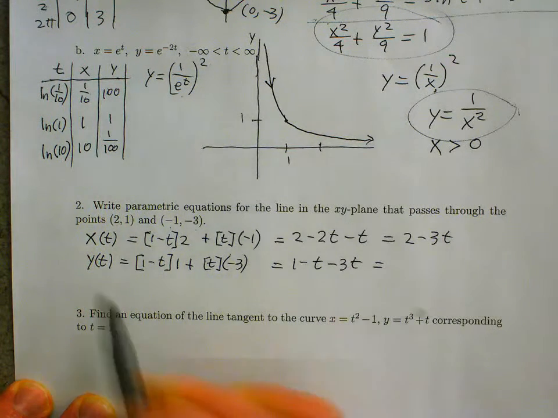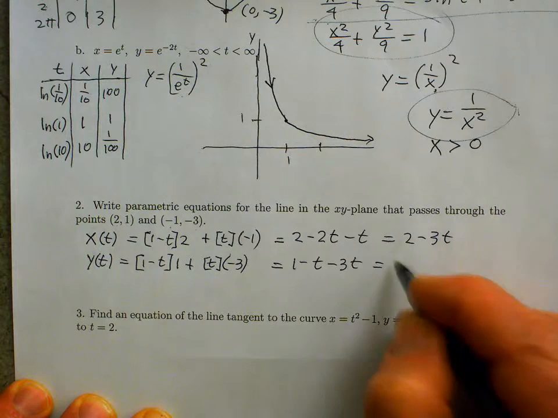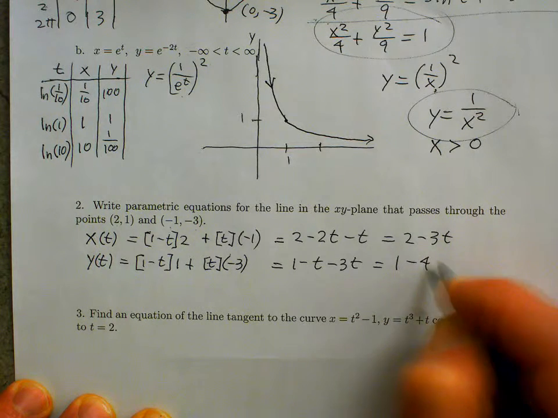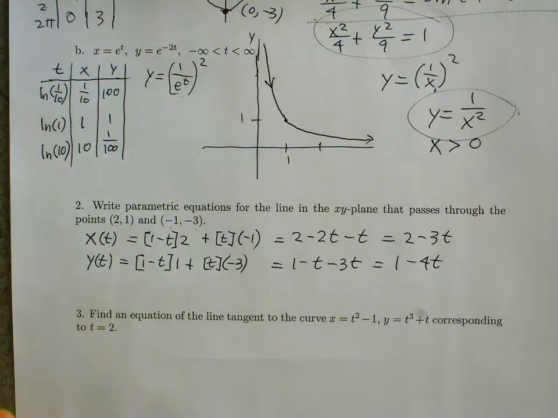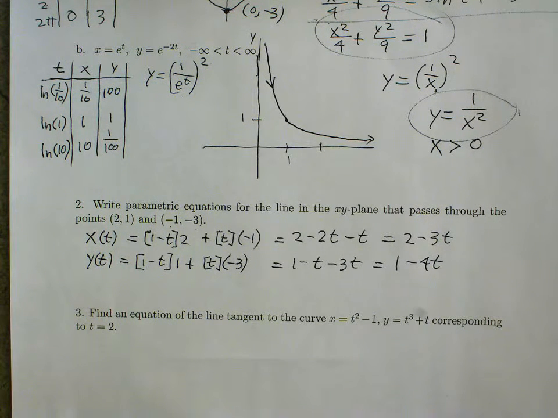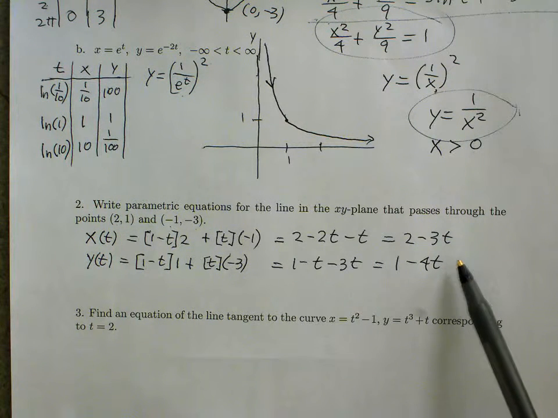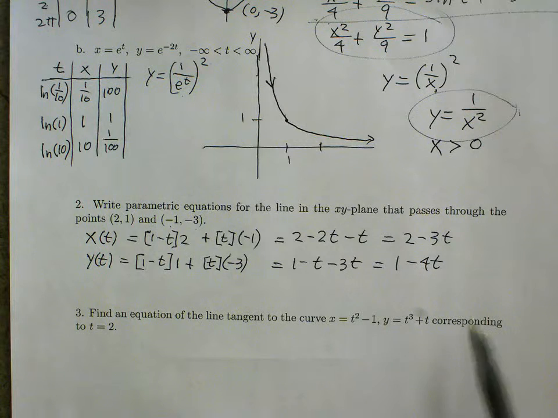So the parametric equation for y is 1 minus 4t. For the entire line that passes through those 2 points, we have to let t be any real number.